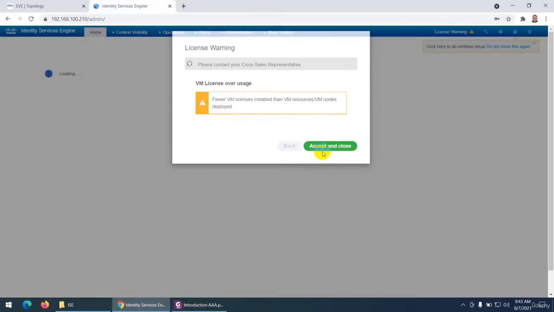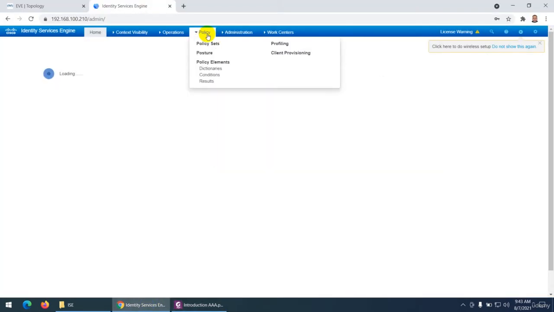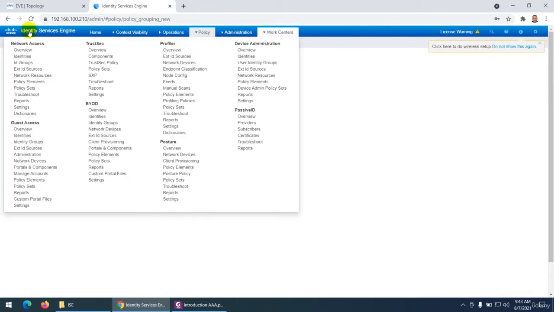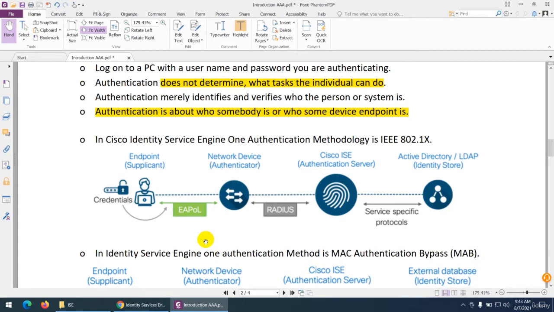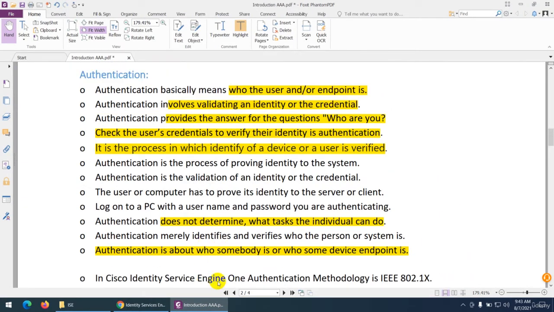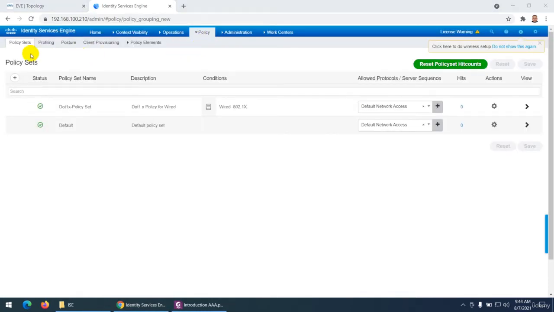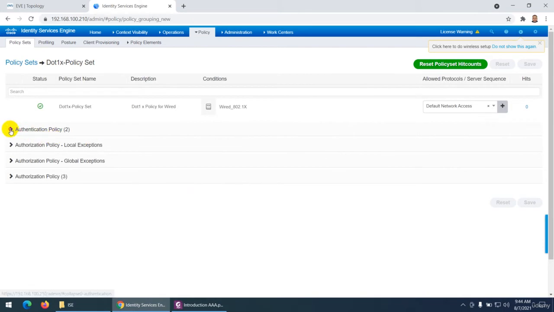And if I go to Cisco ISE, and go to Policy and Policy Set, okay, let me refresh. Okay, so I can show you authentication from there. So I'm in the policy set, and here when you click, this is authentication.